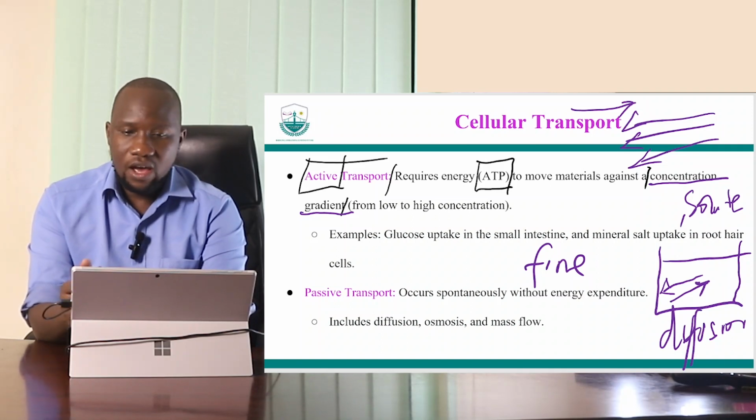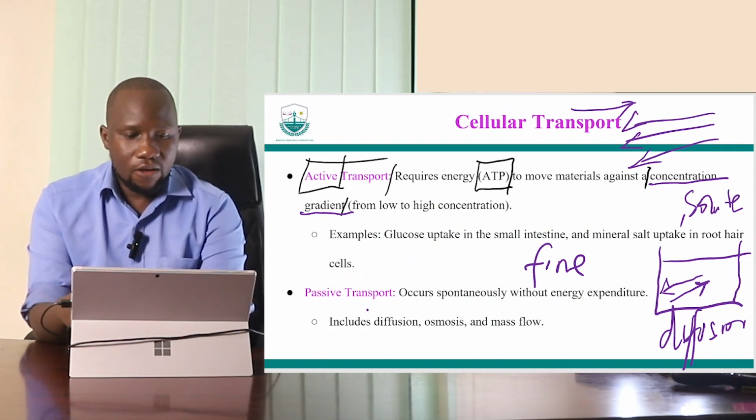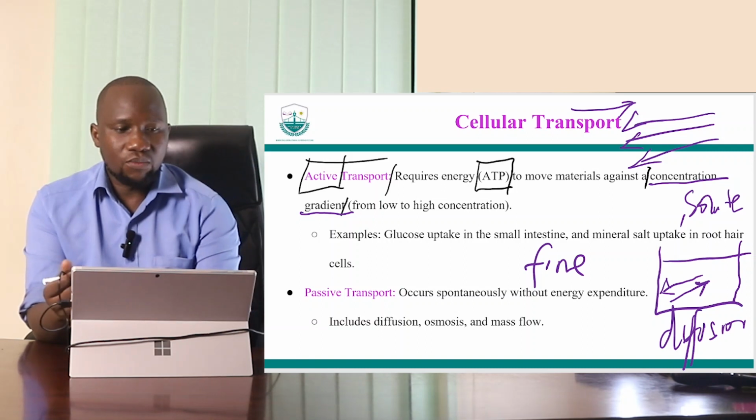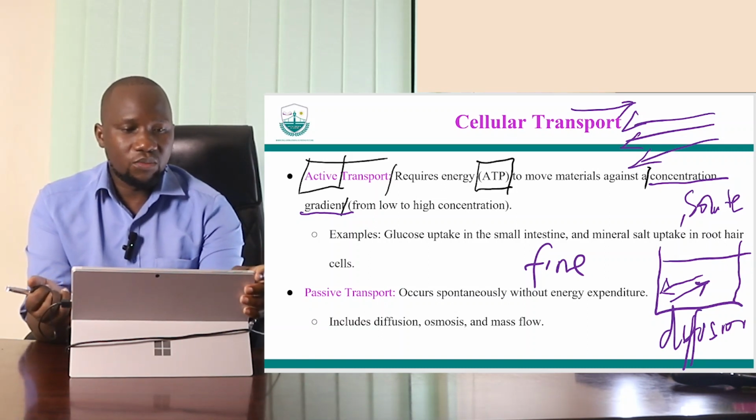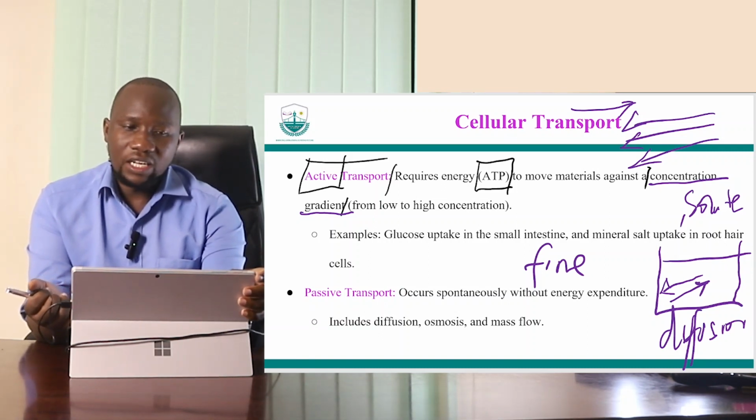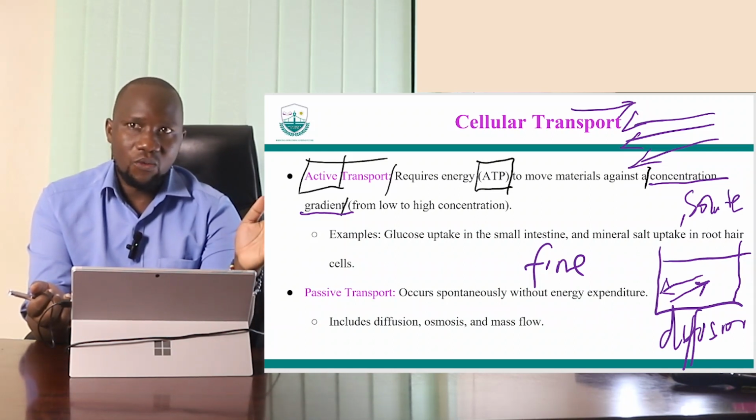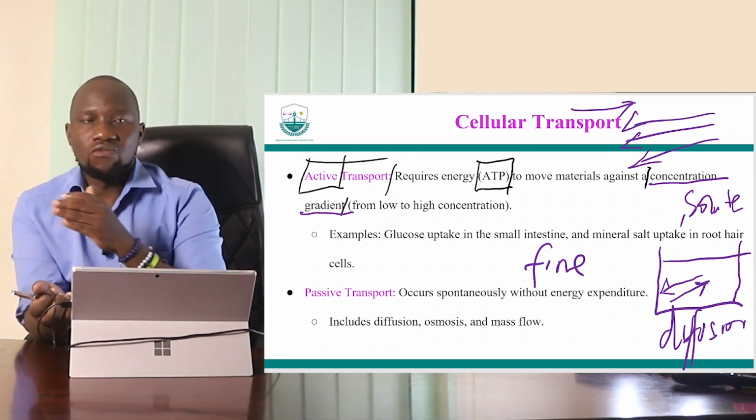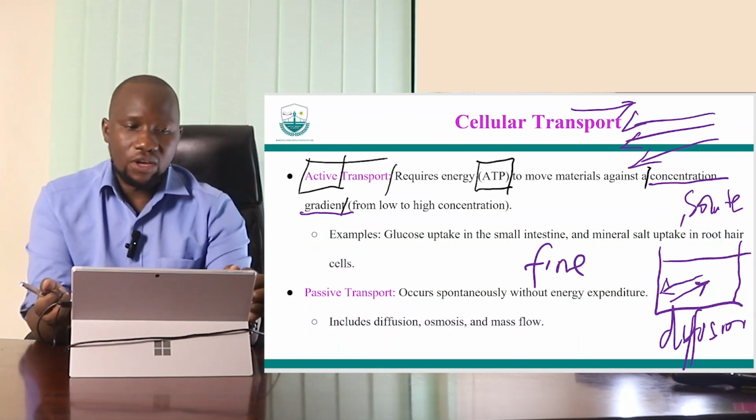And then we have passive transport. In passive transport, we are not using energy, and it is along the concentration gradient. So the particles move without the need for ATP.